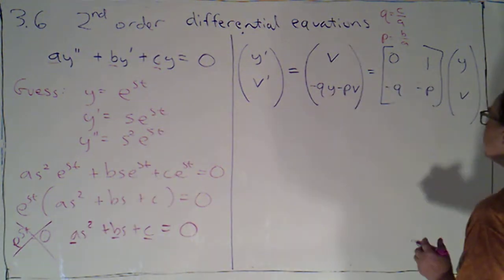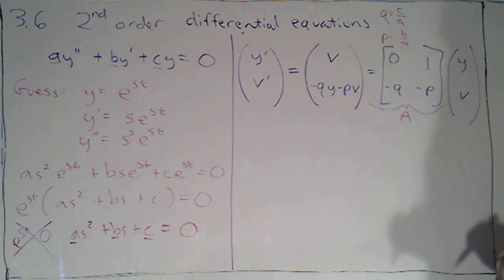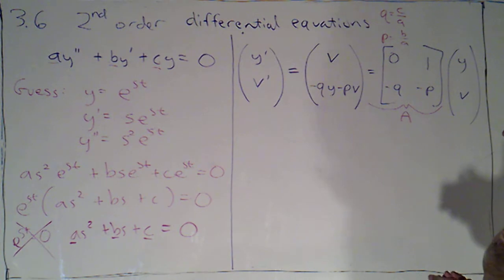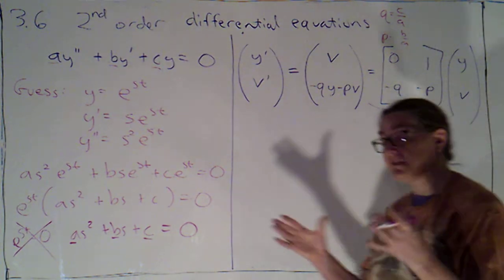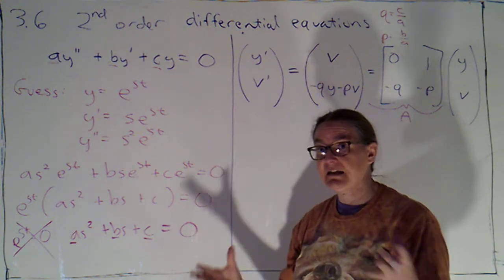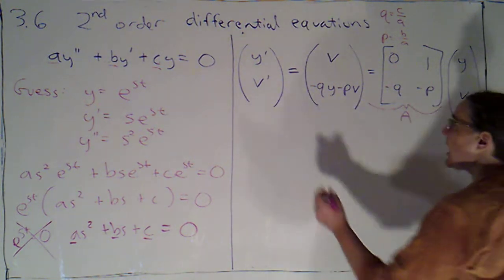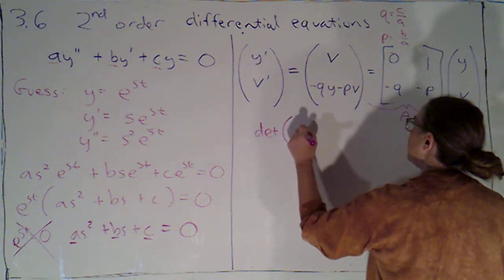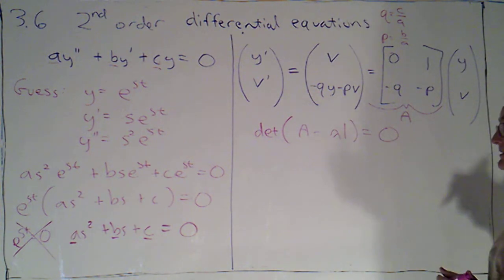So over here, if I call this matrix A, I would simply say, okay, I want to find my eigenvalues and my eigenvectors, because if I can find eigenvalues and eigenvectors, I can build my solutions out of those. So I would take a look at this equation where I would say, let's take a look at the determinant of A minus lambda I equaling 0.